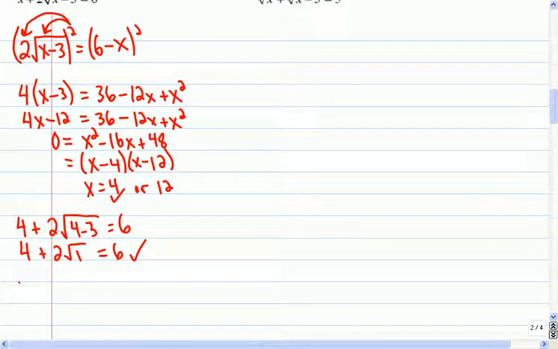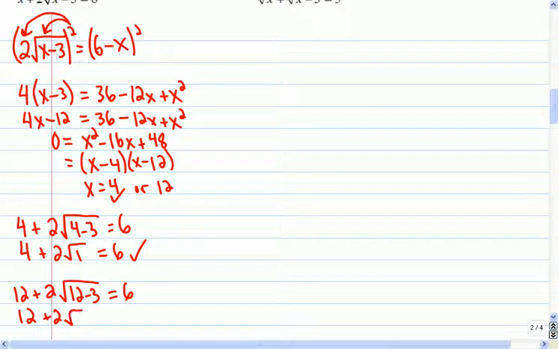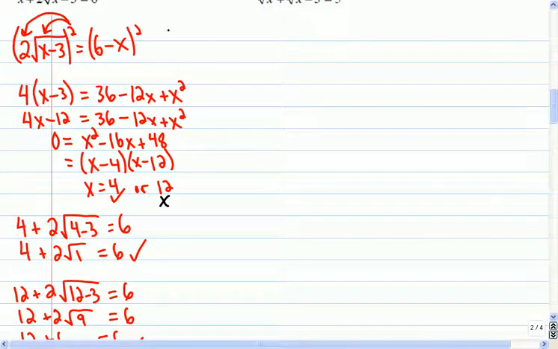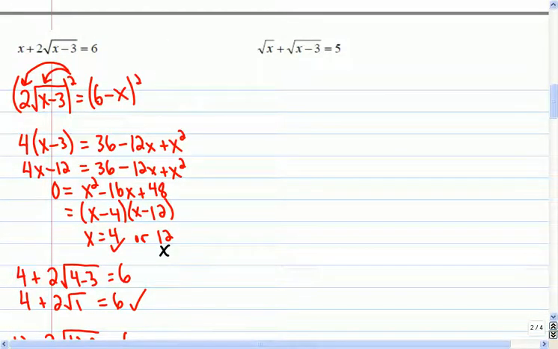And for the last one, does 12 work as a solution? Well, unfortunately, it's not going to work. That looks like it's going to be too big. So it's going to be one that I reject. Okay. So the only solution I found for this was x equals 4.